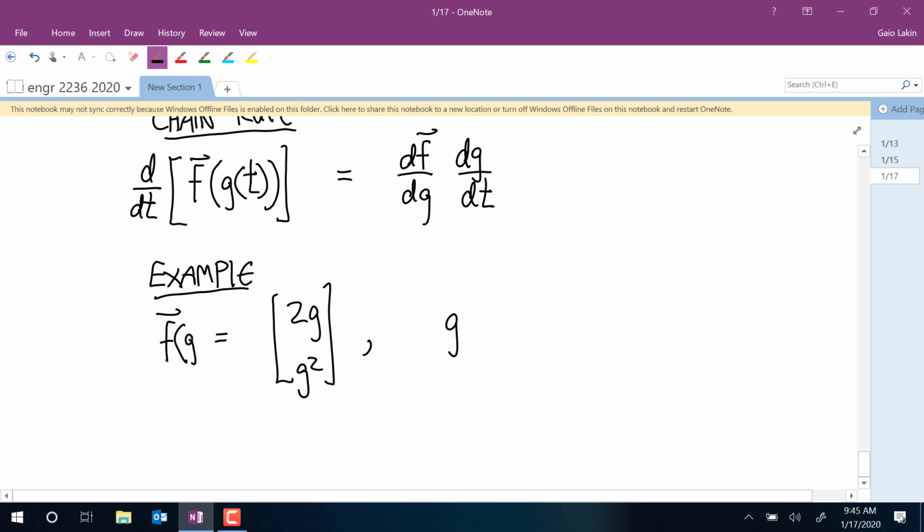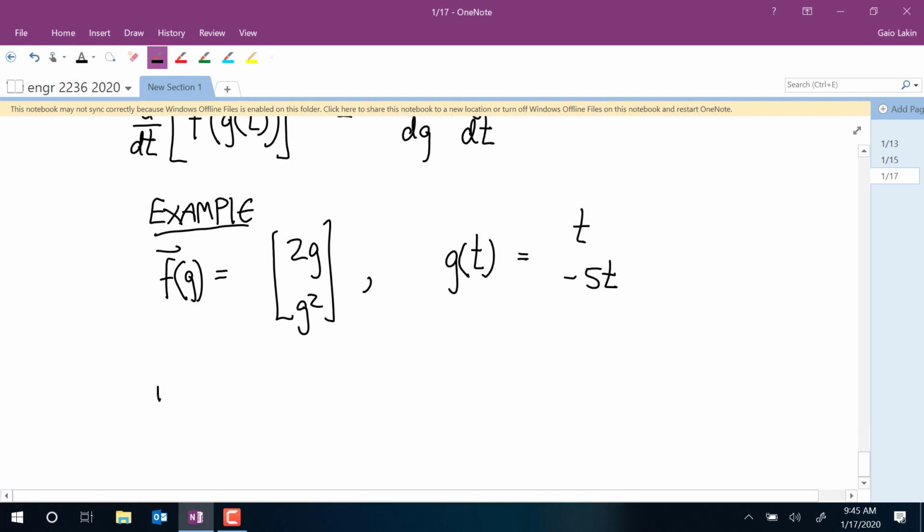So this is a function of g, and g is a function of t that's equal to 5t. Then what if you want to calculate the time derivative of f? Let's just make g equal to 5t so that g is a scalar. Okay, now it works.